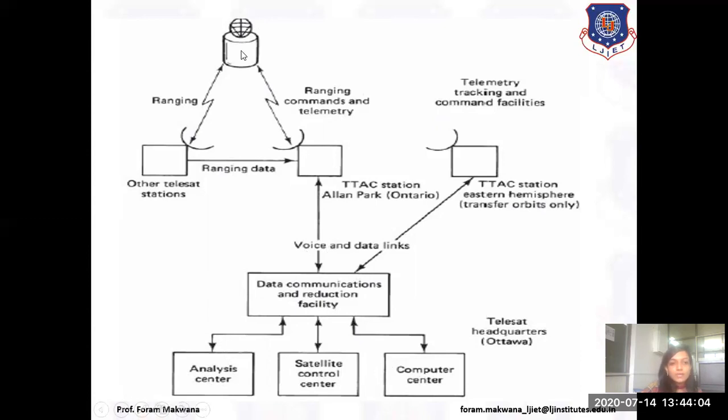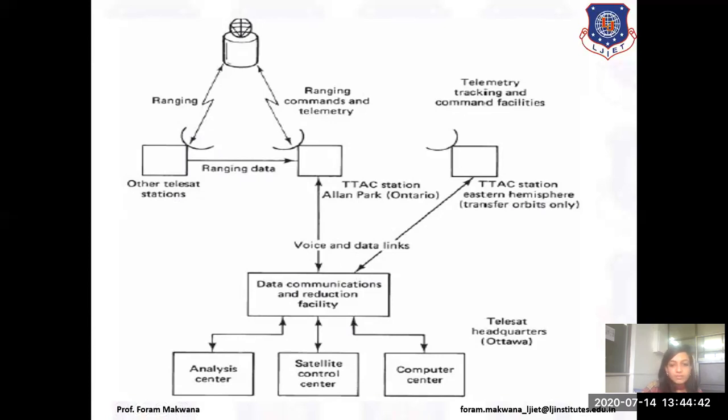So from the satellite we are able to measure the ranging as well as the attitude of our satellite. Based on the signal received from the satellite, the data is analyzed in the headquarters, and the correct, desired data is commanded to this satellite to maintain its correct attitude and its correct orbit in space.